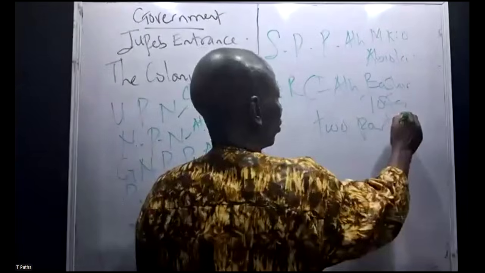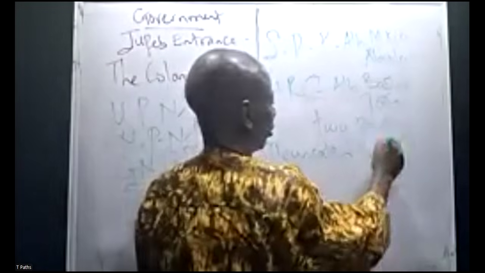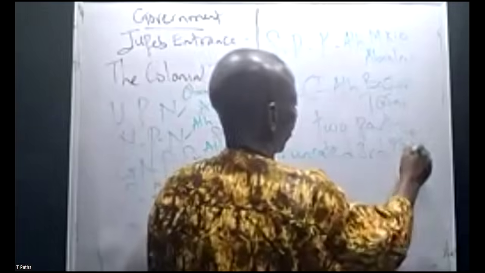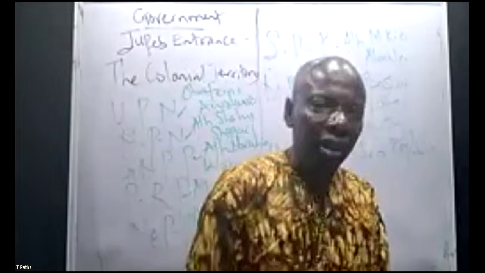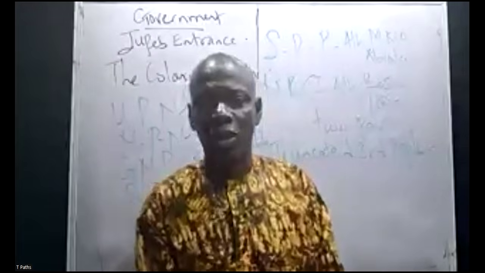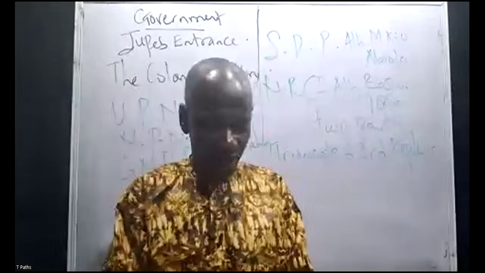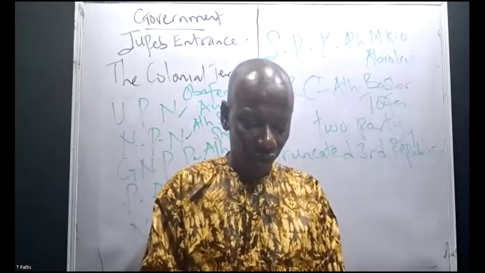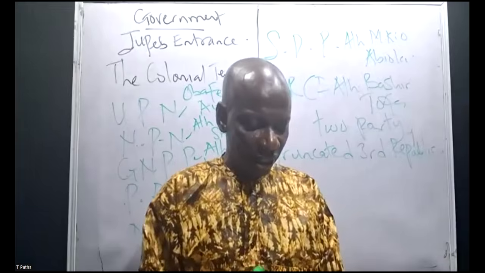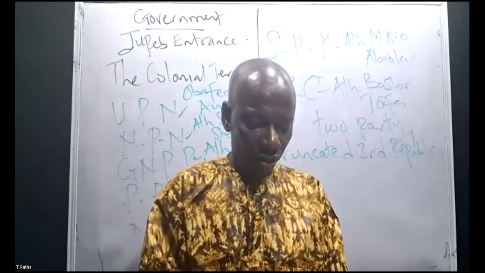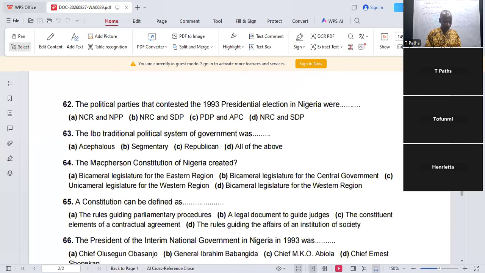Under the term Truncated Third Republic, an election was conducted. A winner emerged, and the winner was not allowed to rule. That's why they call it the truncated republic. So they now ask on this question, the two political parties that contested the 1993 election: A, NRC and NPP, wrong. B, NRC and SDP.